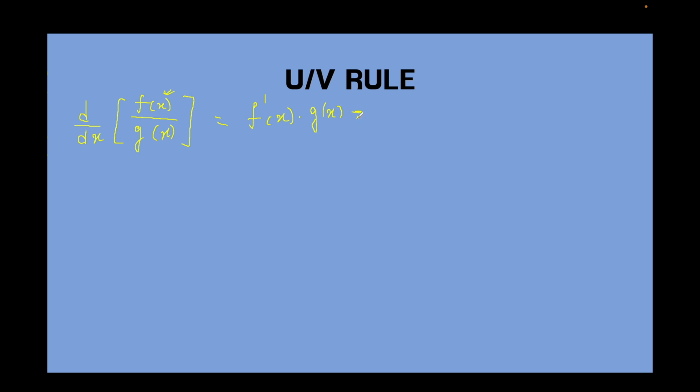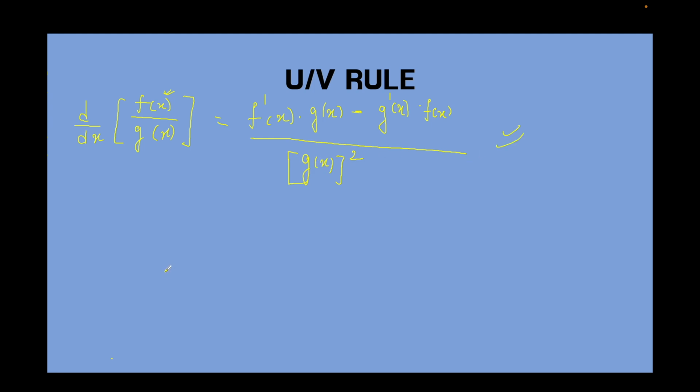Then differentiate g of x and multiply it with the first function. Now divide it by the denominator whole square. So this is the formula.